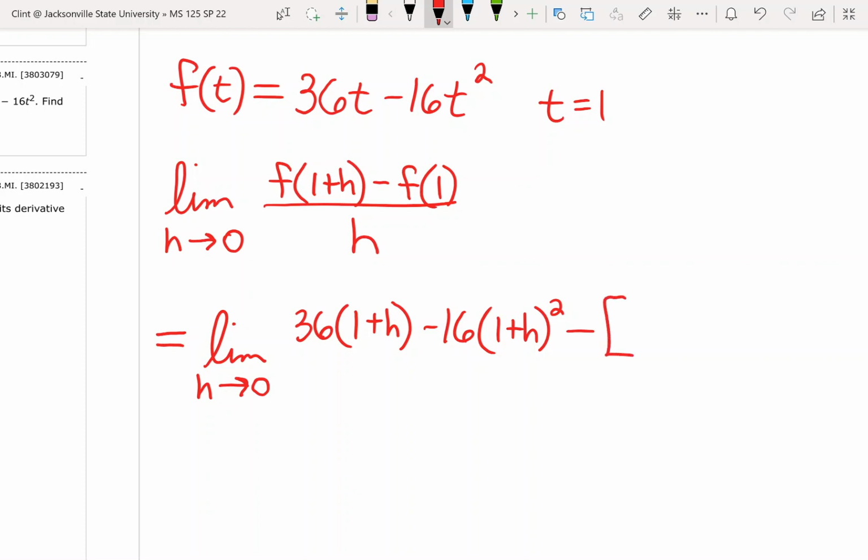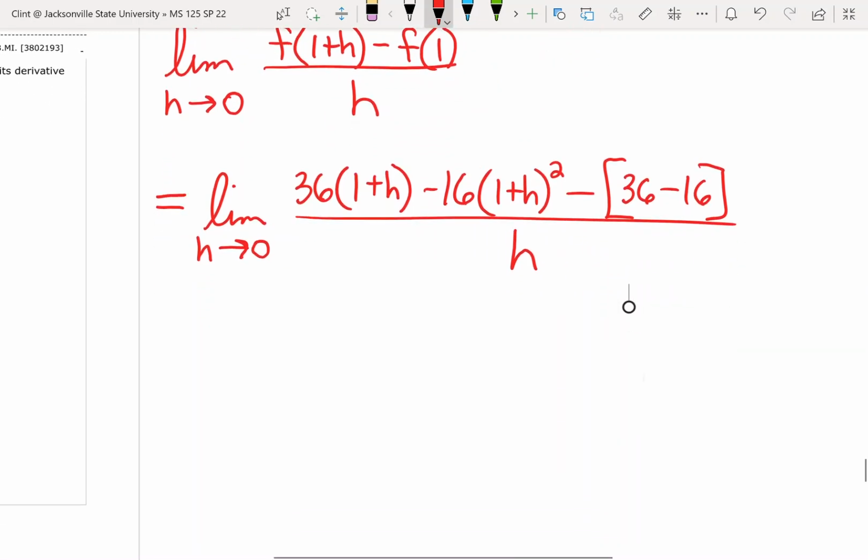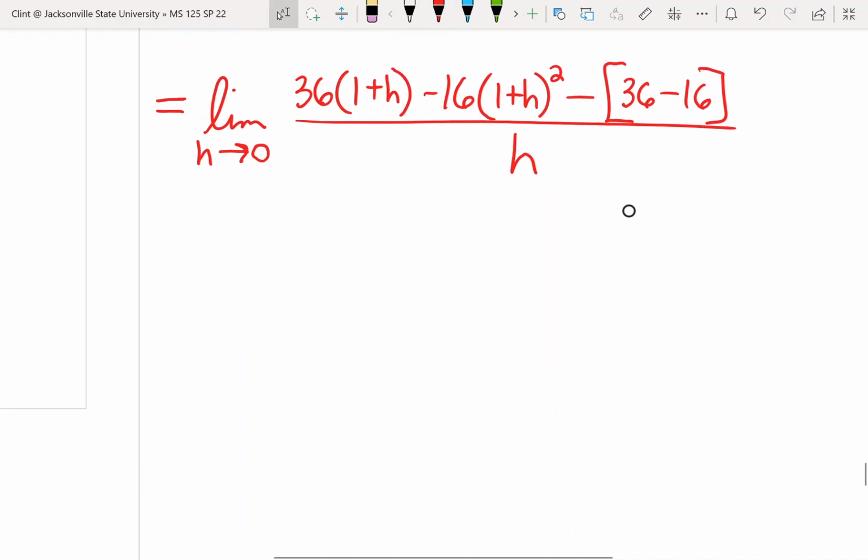So we get 36 minus 16, since I just plugged in 1 for t here. 36 times 1 is 36, and then minus 16 times 1, 16. Okay, and start solving for that thing.